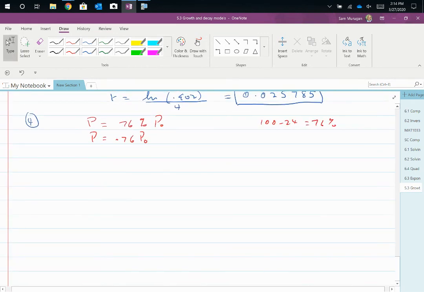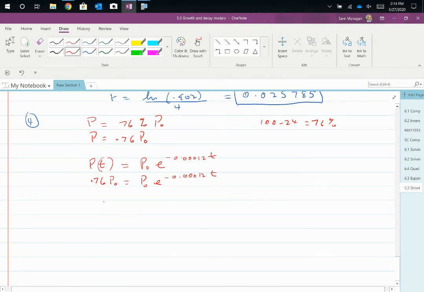Same process here, so we go into the equation that we're given. P(t) is equal to P0 e to the power negative 0.00012t, and substitute for P and P0: 0.76 P0 is equal to P0 e to the power negative 0.00012t.